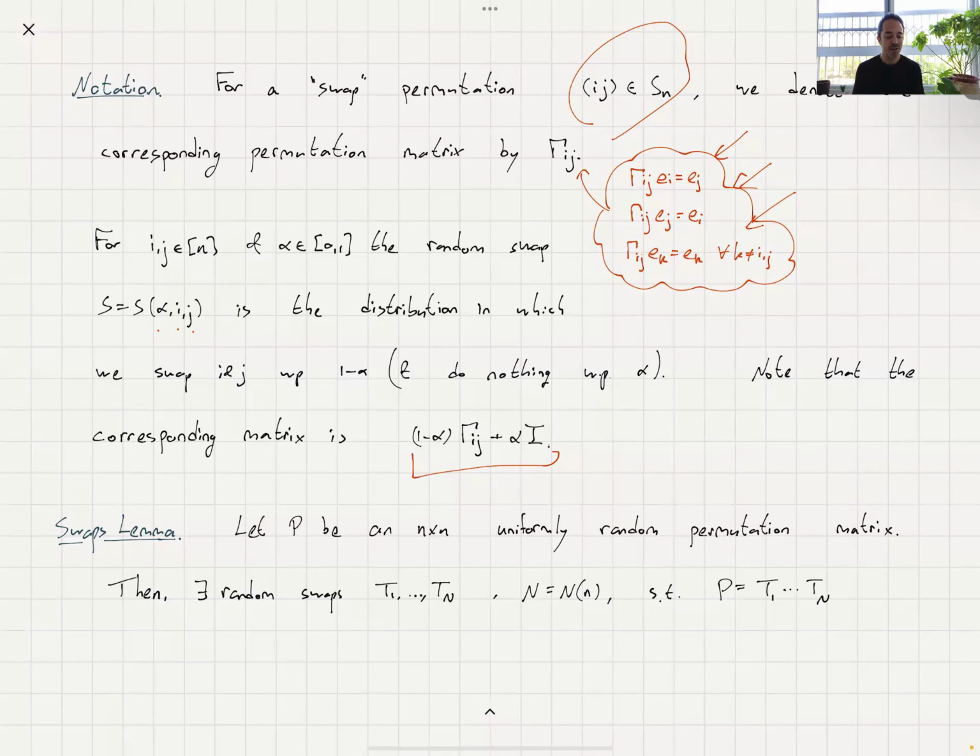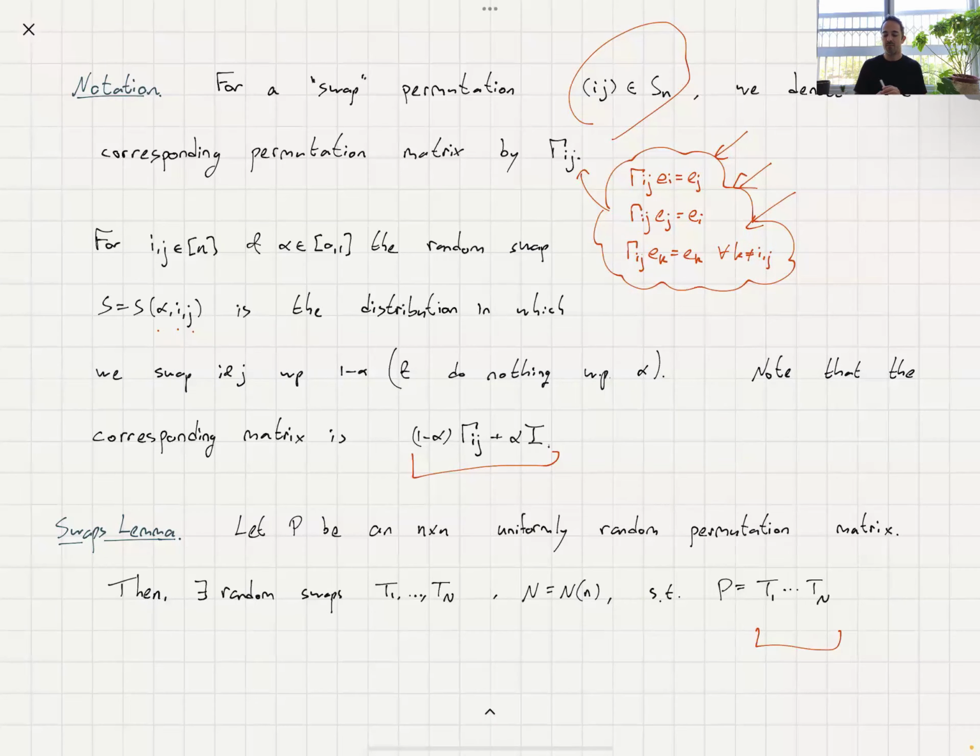And the swaps lemma tells us, it's one of these questions you can ask at some high-tech interview. It's an easy question, an easy lemma. I think it's definitely a somewhat hard question for an interview, but it's an easy lemma for math. So the swaps lemma tells you that you can break down a uniformly random permutation into a product of random swaps.